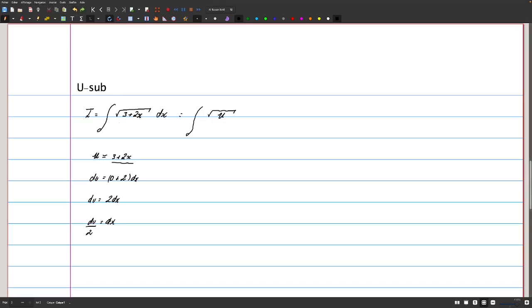That's the whole point of what we did over here. This whole thing is times du over 2. It's implicit right here. We never really write it, but it's known that there is a multiplication between this factor, 3 plus 2x under the root, and the dx. We don't write it, but just understand that this is a multiplication between these two things right here.